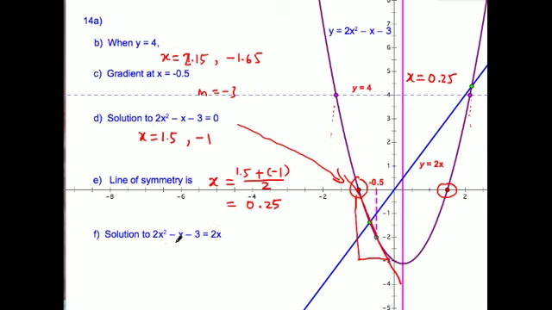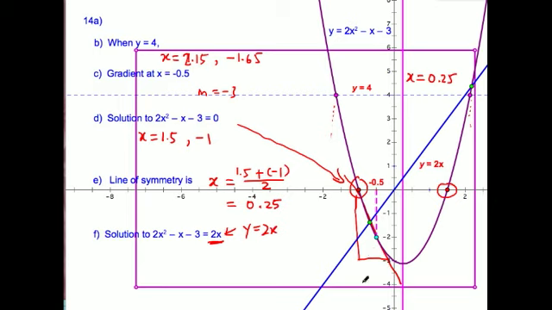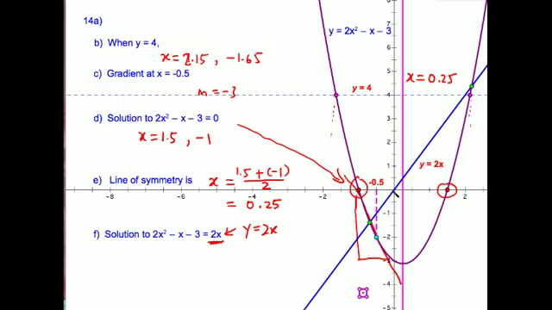And to solve the equation 2x squared minus x minus 3 equals 2x, we need to draw the line y equals 2x. This line passes through the origin, and we can create another point by taking x as 1.